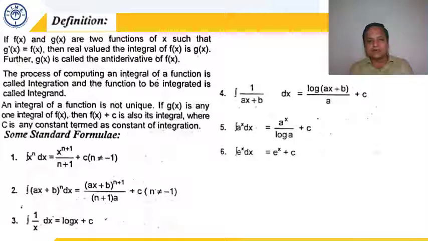Integration of a to the power x dx is nothing but a to the power x divided by log a plus c. And integration of e to the power x dx is e to the power x plus c. c is the constant of integration.